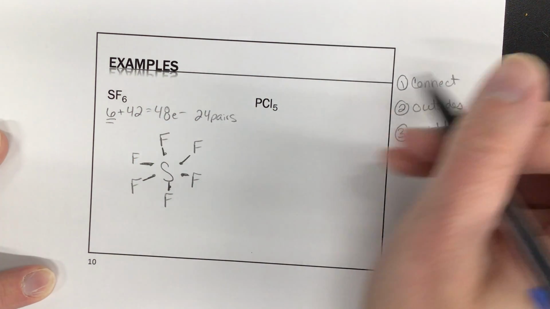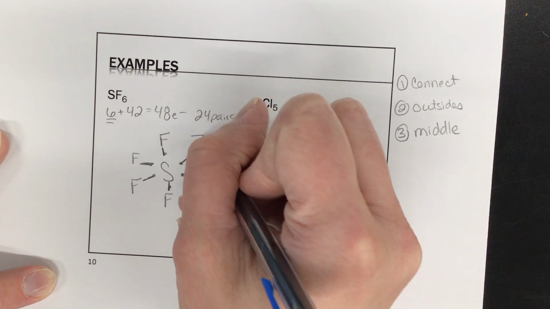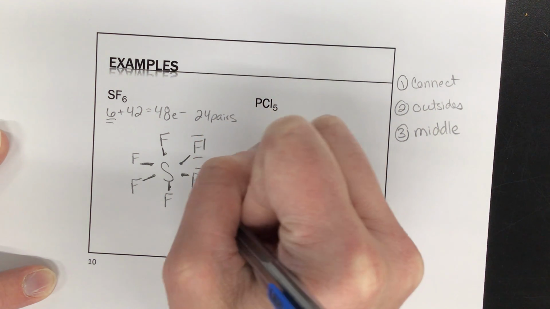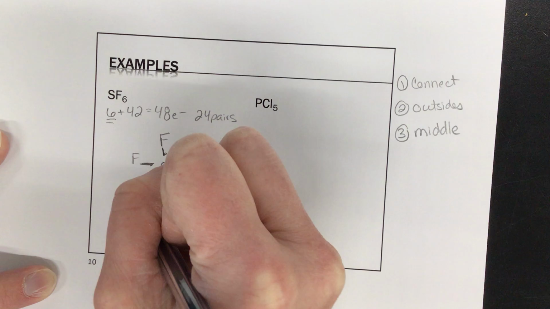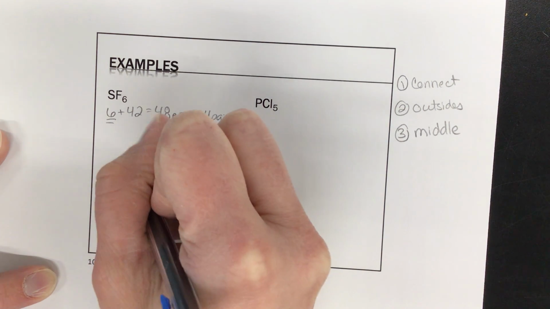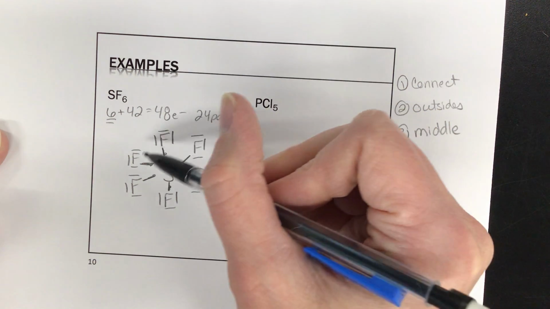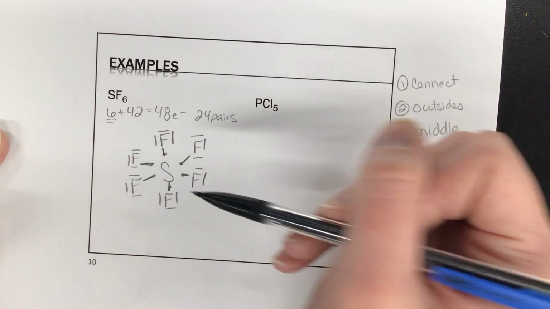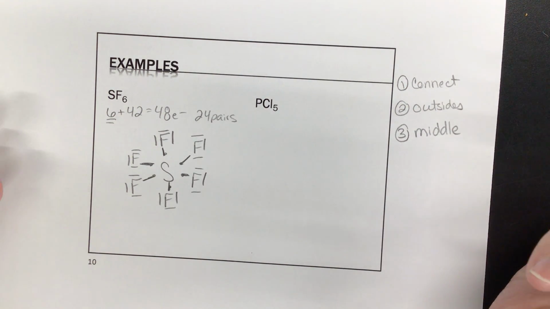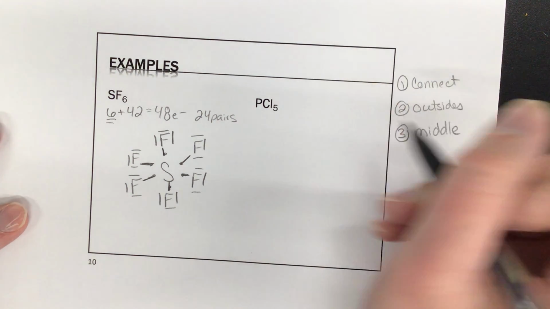So I connected them together. Take care of the outsides next. 7, 8, 9, 10, 11, 12, 13, 14, 15, 16, 17, 18, 19, 20, 21, 22, 23, and 24. So I'm going to check all my fluorines are good. My sulfur is more than okay. He's expanded his octet.